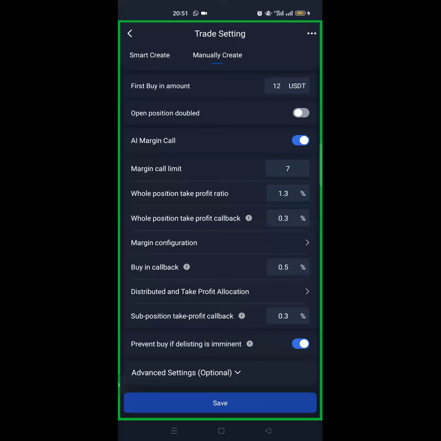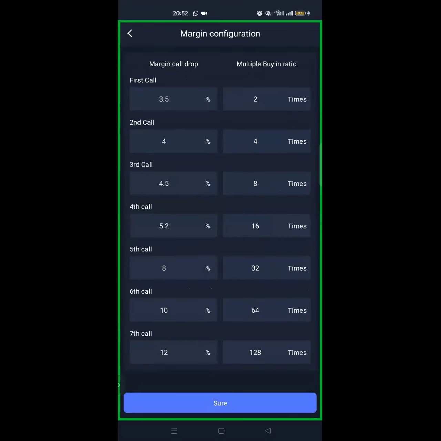Your AI margin call helps the robot to monitor the market to buy the best dip. So that coin can dip by 3.5%, and you notice that your first call will not buy yet.